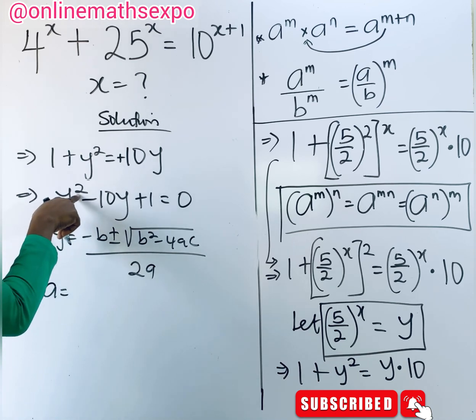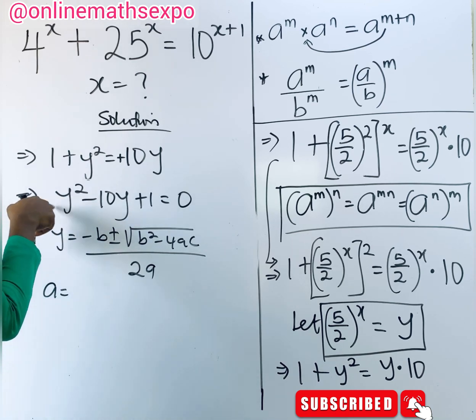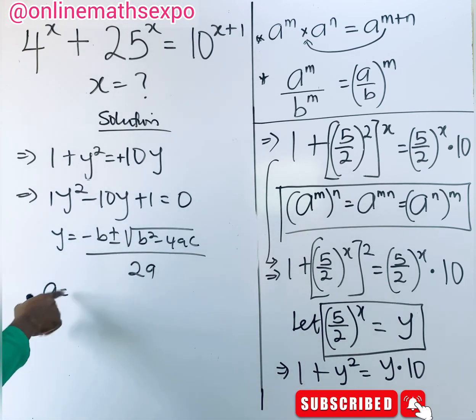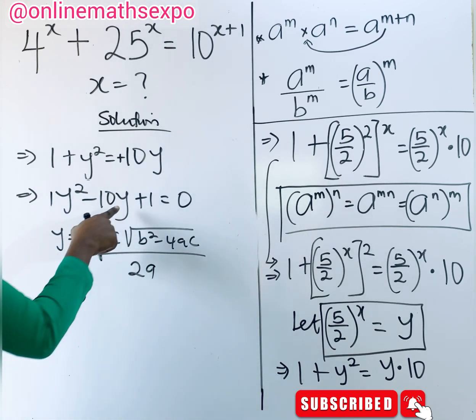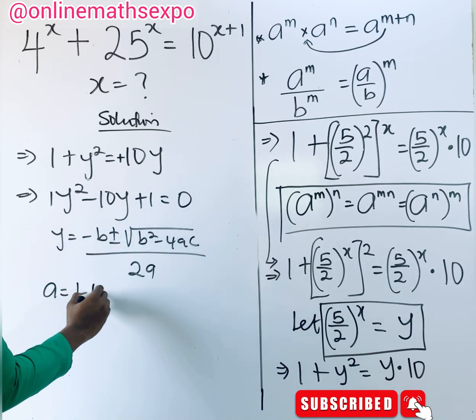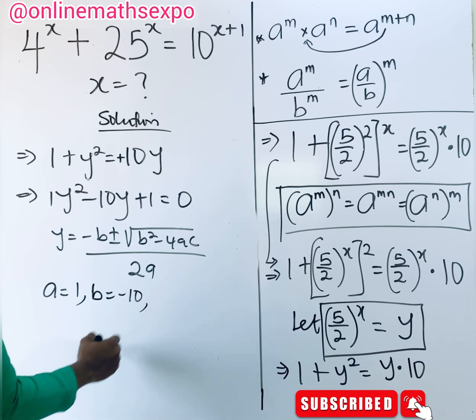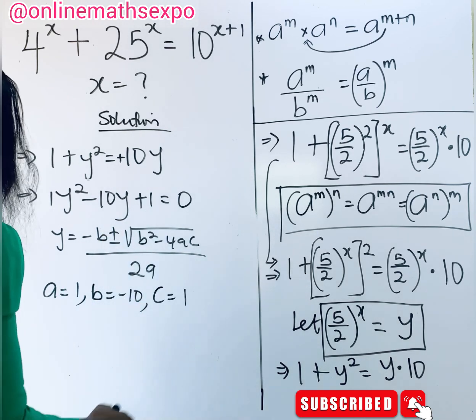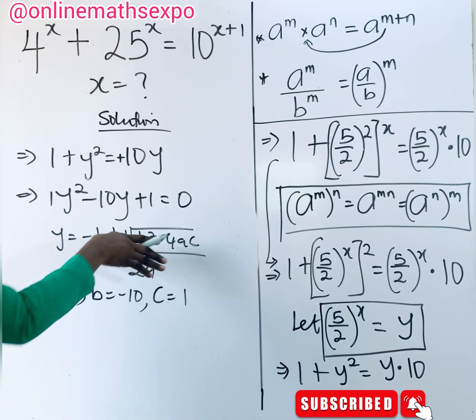The coefficient of y squared, for this variable without a value shown, is said to be 1. So our a becomes 1. Your b is the coefficient of y, and that is negative 10. And your c is the constant term, which is 1.